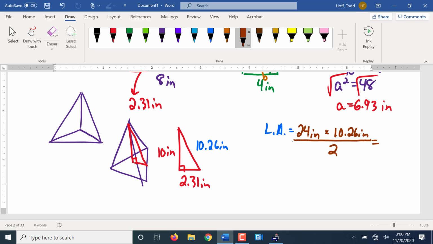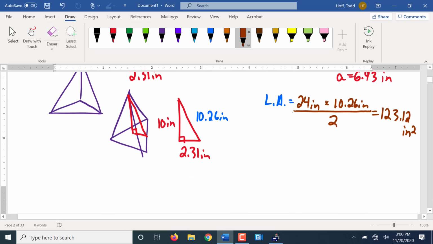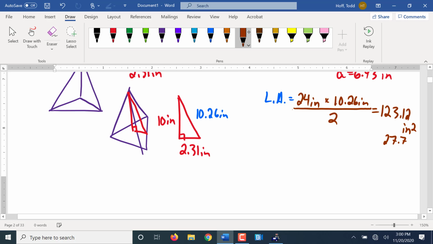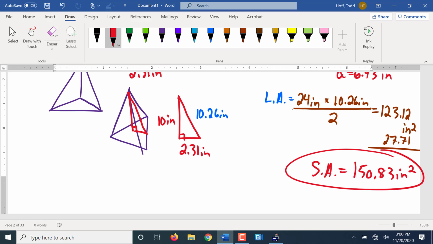So what's that give us? 123.12 square inches for lateral area. And of course, to that, we just have to add our base of 27.71 once, giving us 150.83 square inches is our surface area.